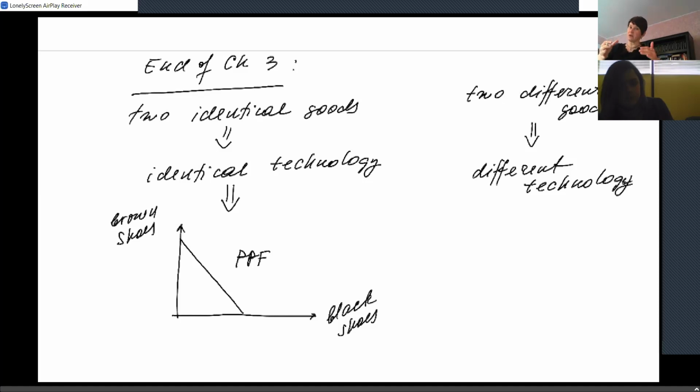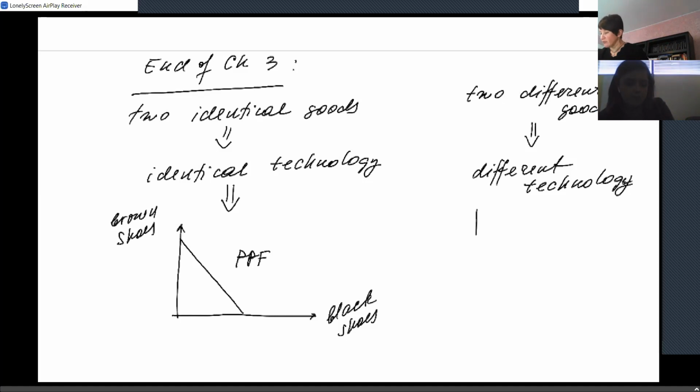A bread maker is designed to make a loaf of bread. An ice cream maker is designed to make a gallon of ice cream. Ingredients for 1 gallon of ice cream when put into a bread maker will get you no bread, right? Or ingredients for 1 loaf of bread when put into an ice cream maker will get you no ice cream, right? Technology tends to specialize. Different goods call for different technology.